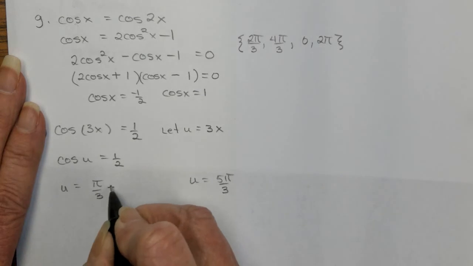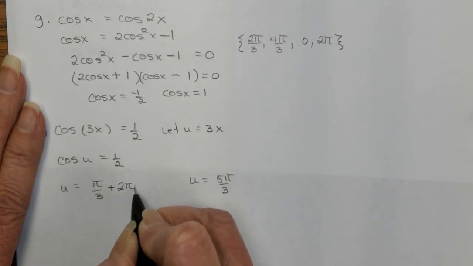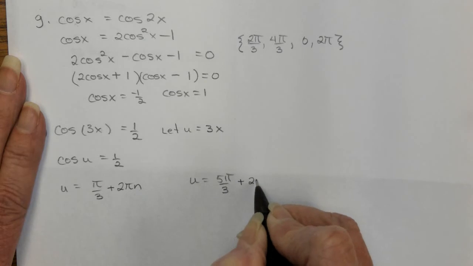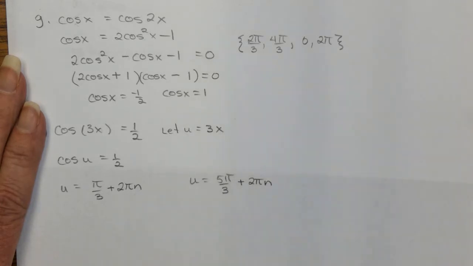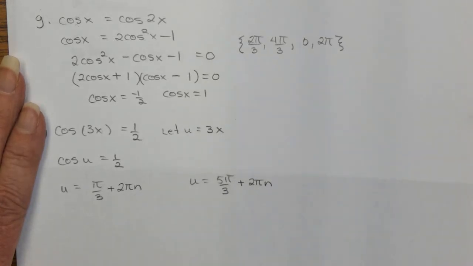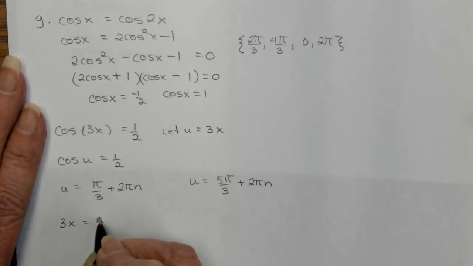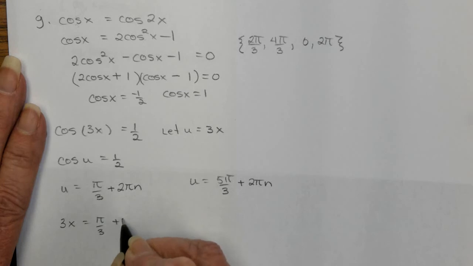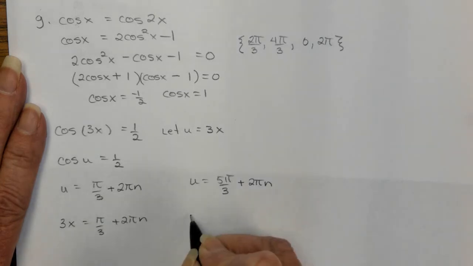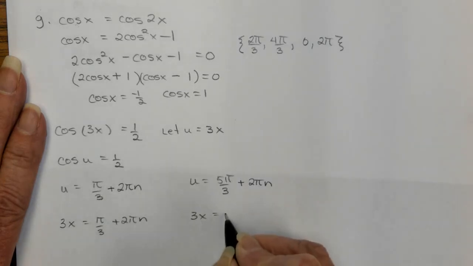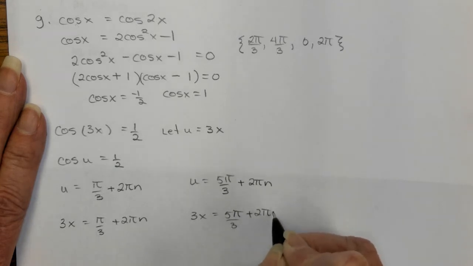But remember, when you're doing these, you want to be solving it for all real numbers. So we're going to go ahead and add that 2 pi n. Well, now that u is all nice and isolated, we're going to substitute 3x back in. So we have 3x is equal to pi over 3 plus 2 pi n, and 3x is equal to 5 pi over 3 plus 2 pi n.